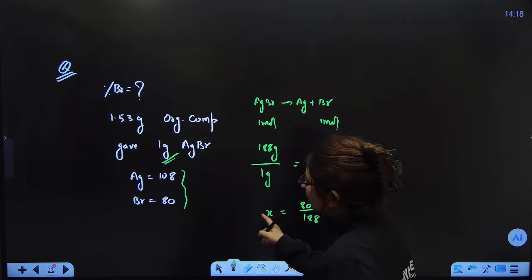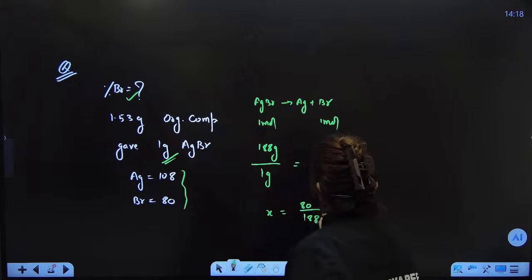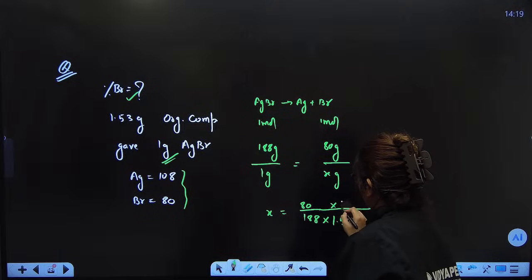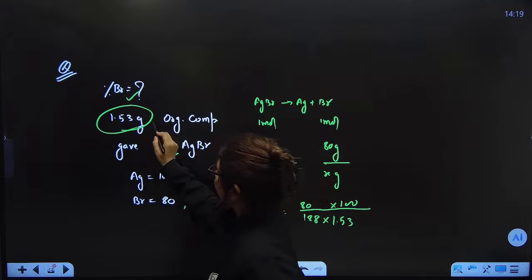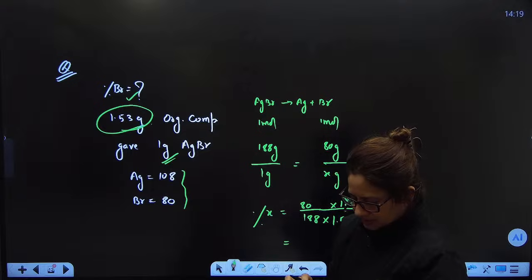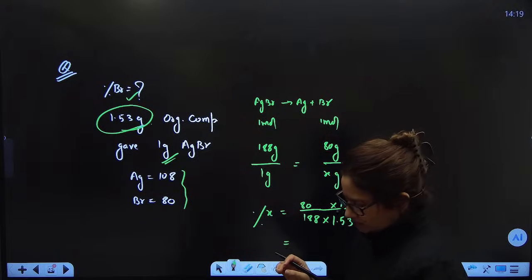This is the bromine. Since we have to calculate the percentage, I divide by the sample mass, that is 1.53, into 100. This will give us the bromine percentage in this sample. The options given are 35.23, 43.53, 27.81.